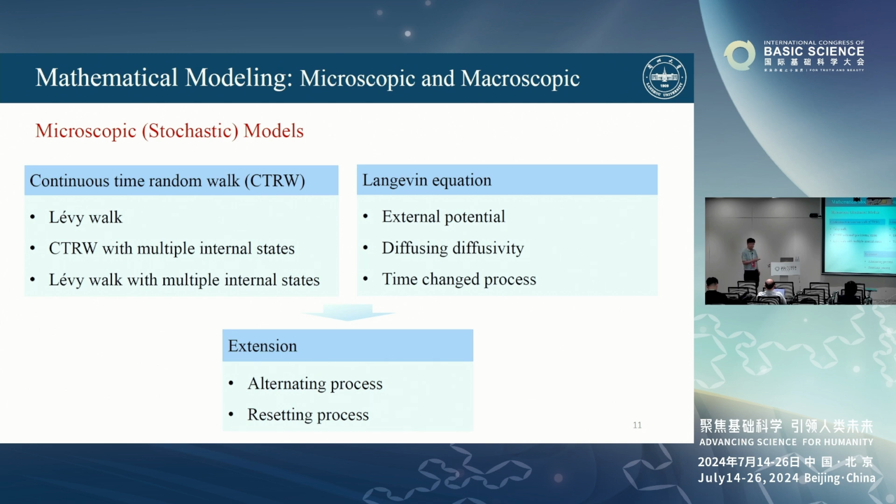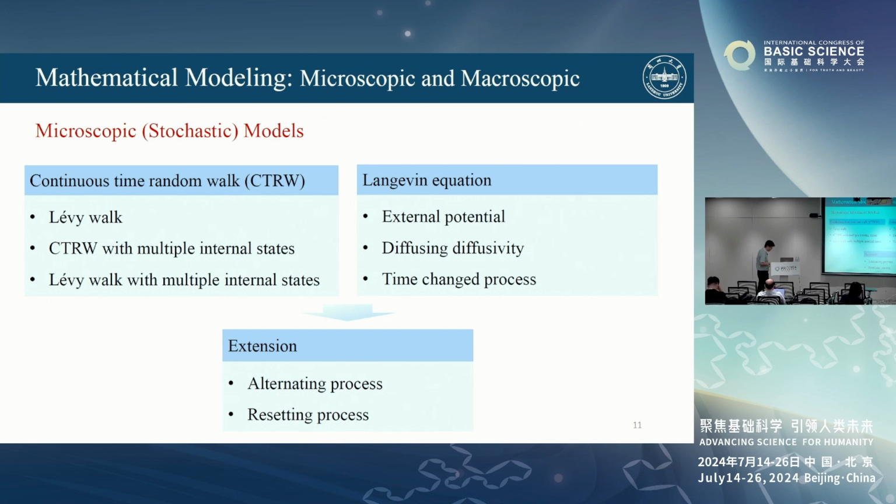For example, in the Langevin equation, if we consider a stochastic process with the movement of a particle in an external potential, it is convenient to describe the process under the framework of the Langevin equation.